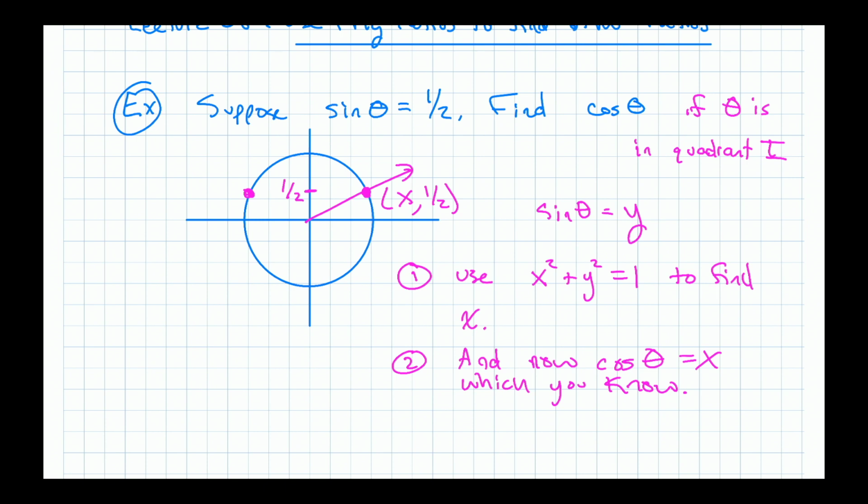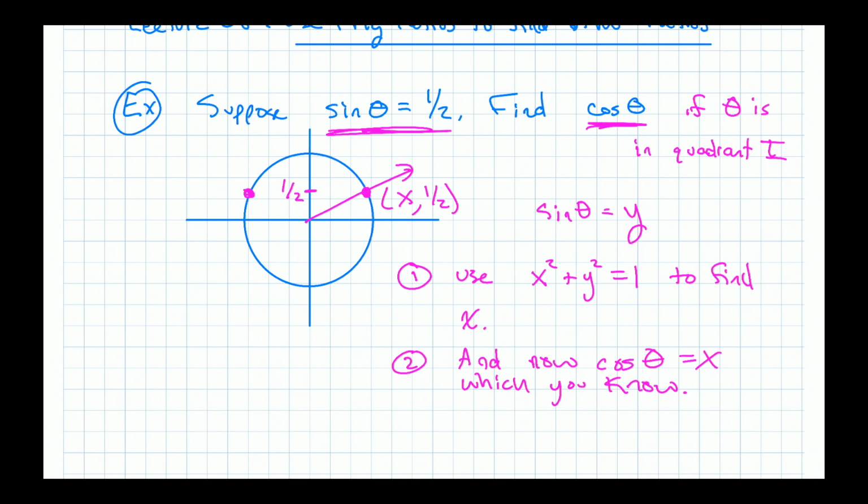But it's a little bit harder when instead of having sine and cosine, what if it's secant and tangent? What if they tell you the tangent and want the secant? That kind of thing is harder. This method is not impossible to use in those cases, but it's also not the easiest way to do it.